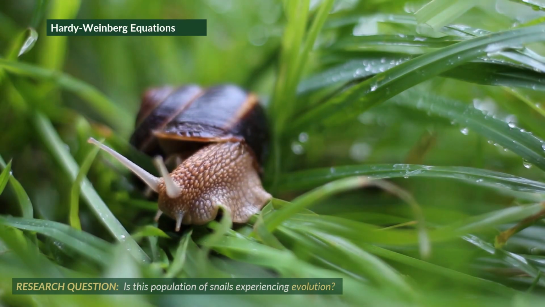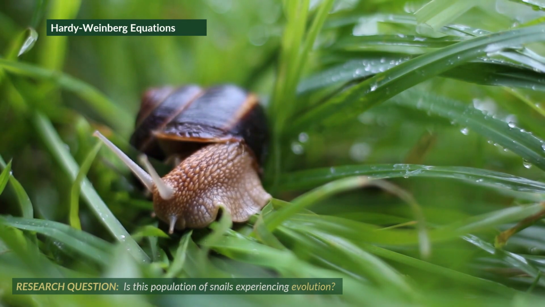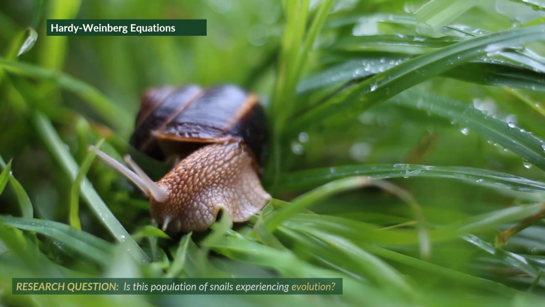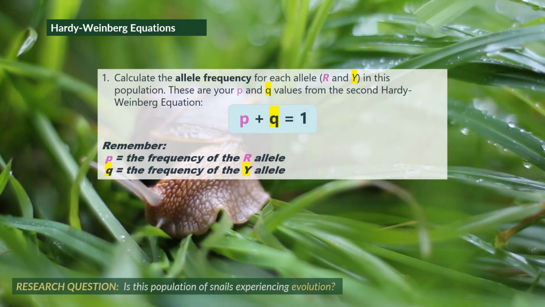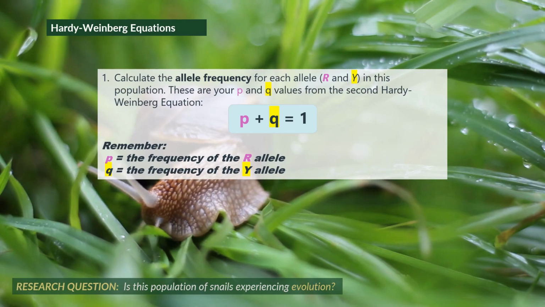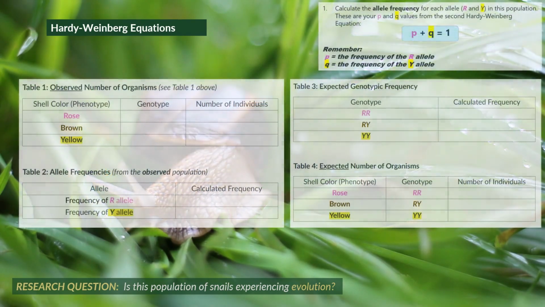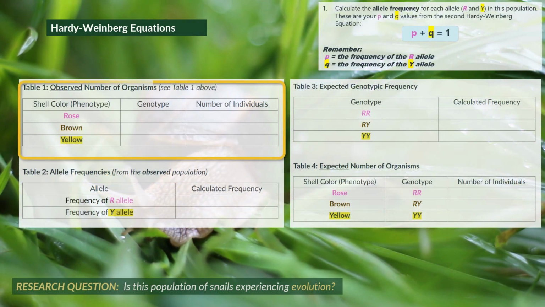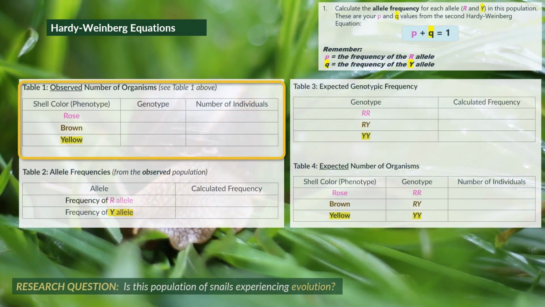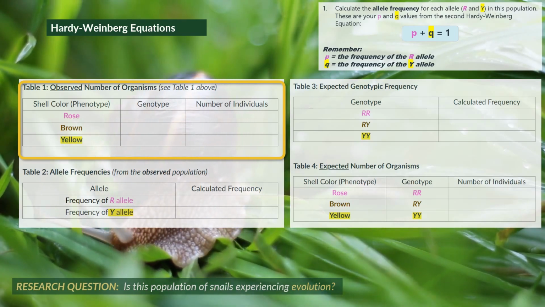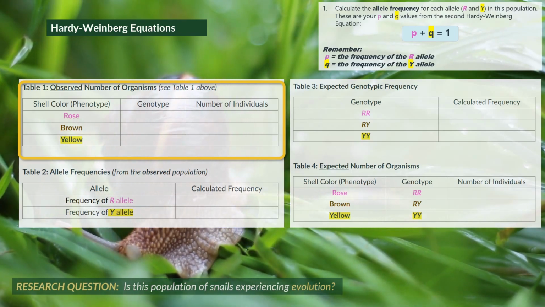So starting with the first part of step 2, we're going to calculate the allele frequency for each allele in this population using our observed values that we were provided back earlier on in this case study, okay? So keep in mind though, we are trying to calculate allele frequencies here.